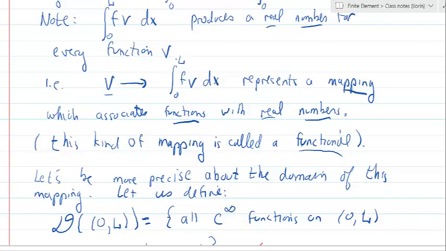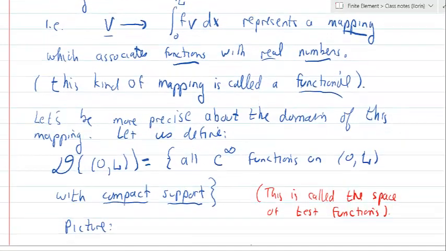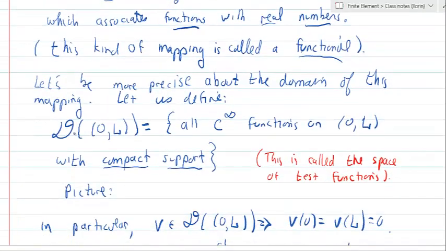Here's a domain that turns out to be convenient. It's called script D, and script D is a set of functions on the interval from 0 to L. Here I have the open interval from 0 to L, so 0 and L are not included. These are all C infinity functions on (0, L).